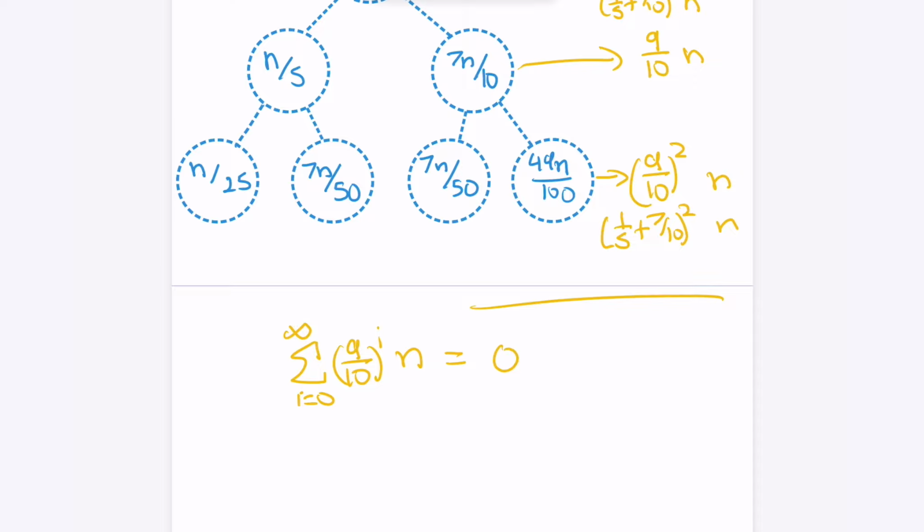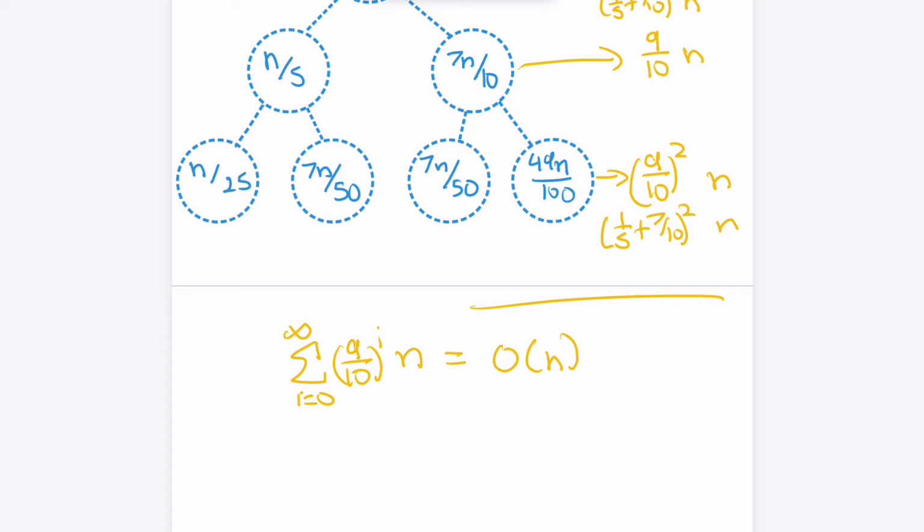O of n. Okay. So the key thing is we got this n/5 plus 7n over 10 to get under 1. Then you have your geometrically decreasing sequence and you just win. Very clever algorithm. We won't put a question like that on the exam. It's very nice.